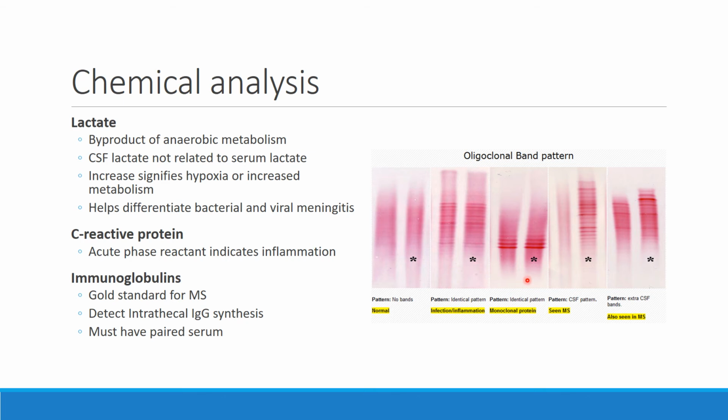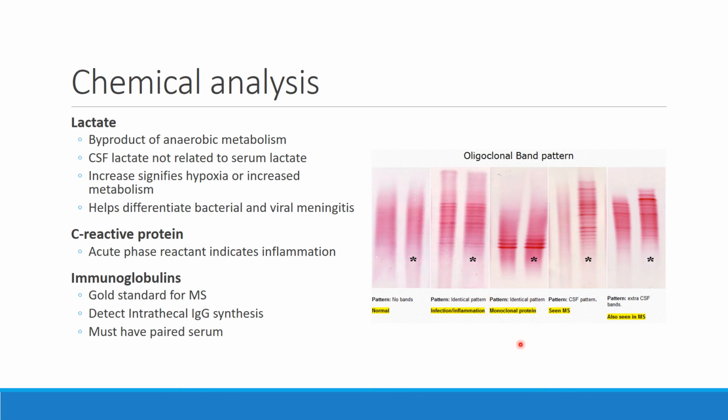In the third case, we have these very dark, large bands where one particular type of immunoglobulin is significantly increased over all the rest.